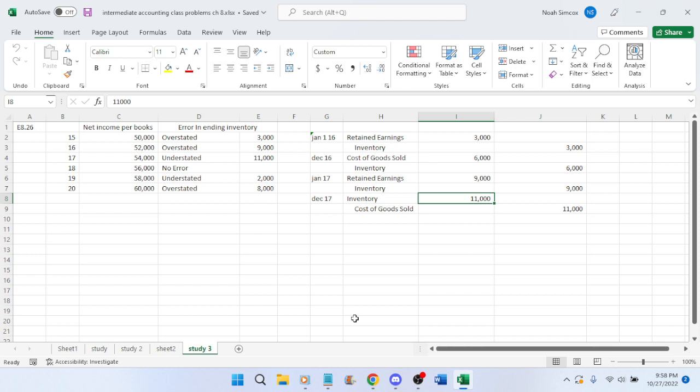I'm just calling retained earnings net income because it's funny. Then, cost of goods sold, we decreased it, which increased net income. Oh, at the end of the year, we increased net income. But at the beginning, we decreased it.